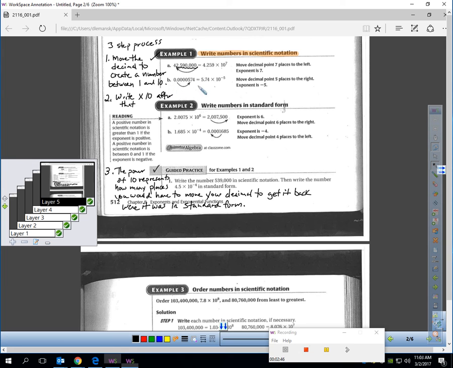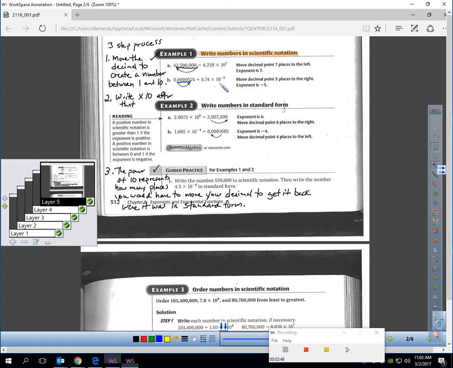Now here's a small number. Same steps. Step 1, move the decimal to create a number between 1 and 10. I did, 5.74. Step 2, I wrote times 10. Step 3, let me use a blue pen so it shows up better. To get my exponent, I would have to move my decimal 1, 2, 3, 4, 5 places to the left to get it back where it was.